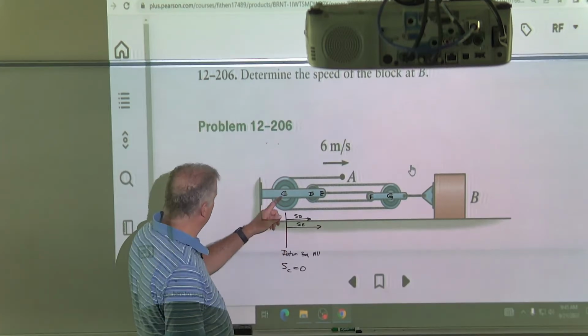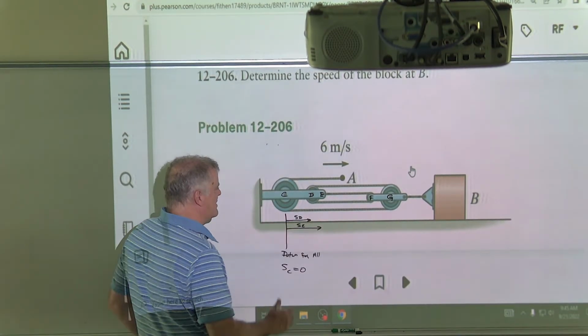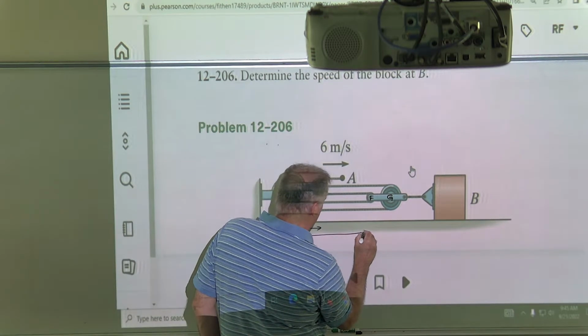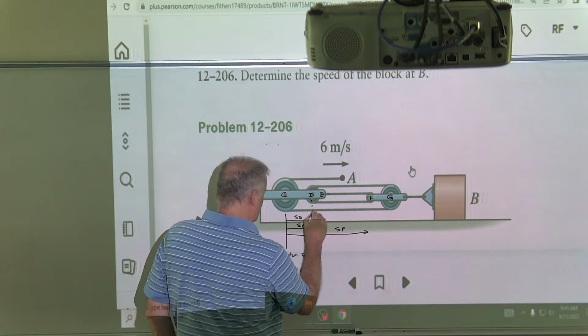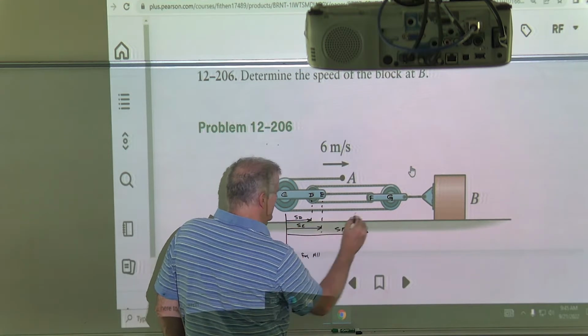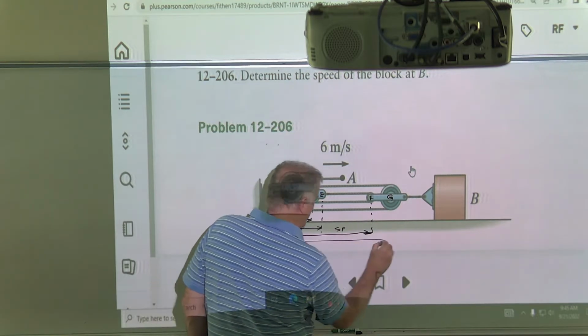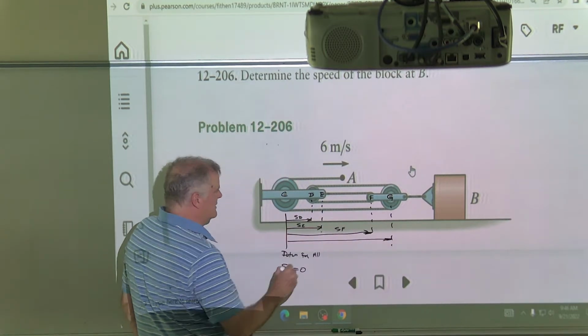The distance to C, that's always 0. But these are different. And this one goes to SF, that point. So this is supposed to go here, here, here, and here. SG.